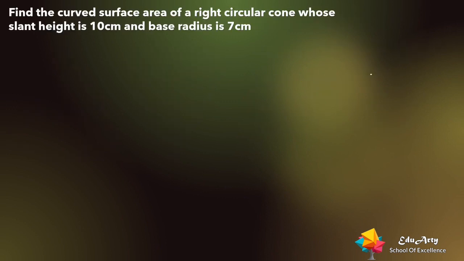Okay, so we have a sum here. Find the curved surface area of a right circular cone whose slant height is 10 centimeters and base radius is 7 centimeters. Now let us first draw a diagram. Please do not directly try to put the values in the formulas. Actually 99% of the kids do this.